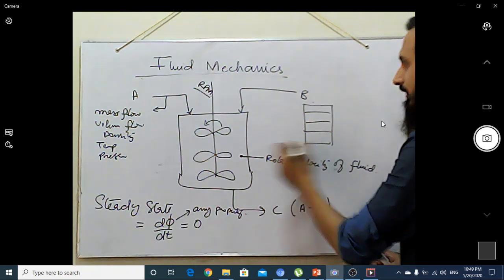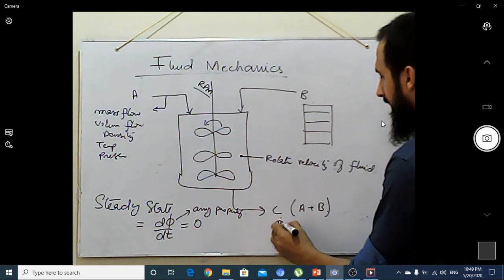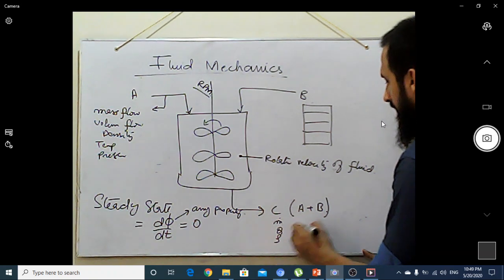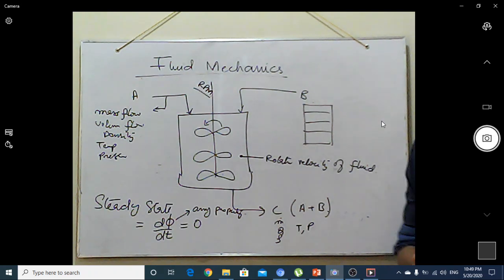And similarly the mass flow rate, volume flow rate, density, temperature, pressure, every property has a very specific range of values. If it does not change a lot, or does not change at all, we can categorize it as a steady state process condition or a steady state flow condition.